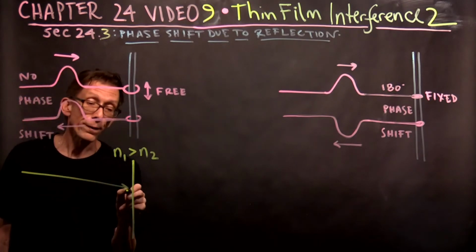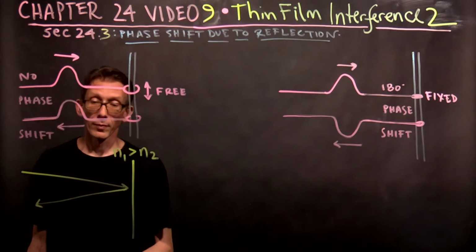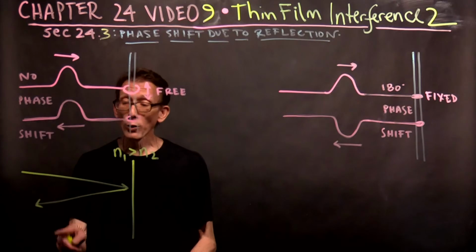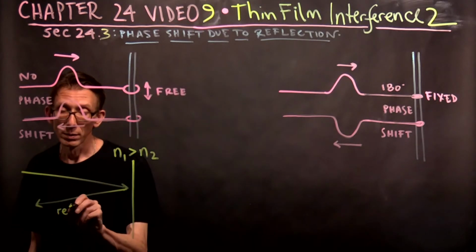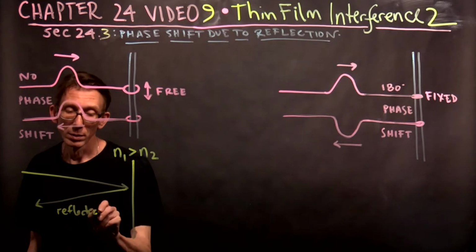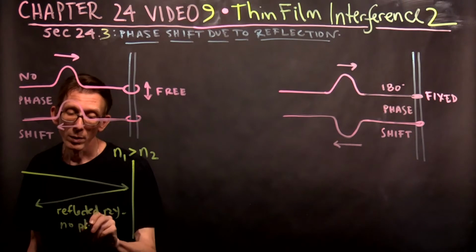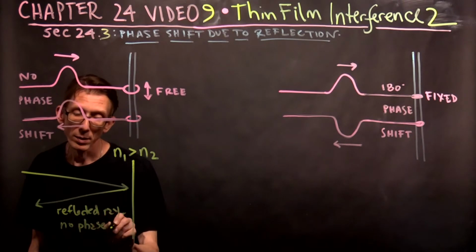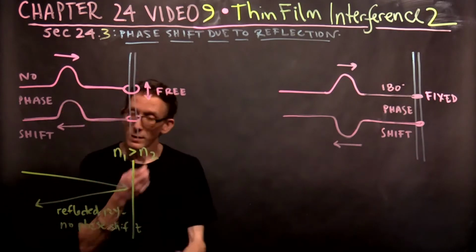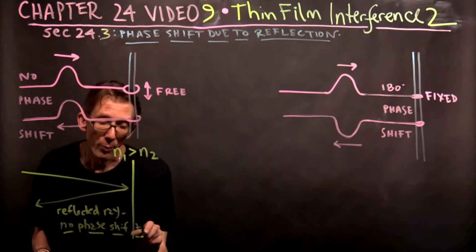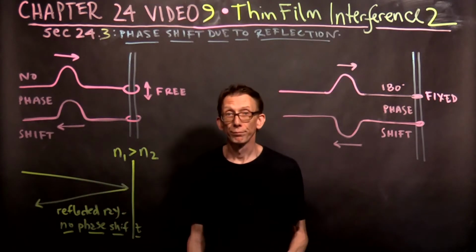When it reflects, as it will, according to the law of reflection, the outgoing wave, the reflected ray, will have no phase shift. It'll be completely in step with the light coming in.